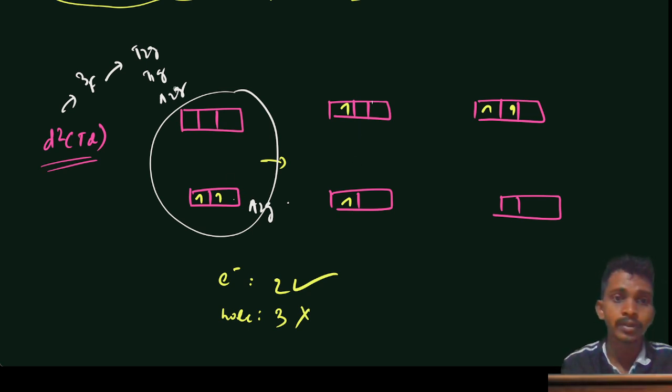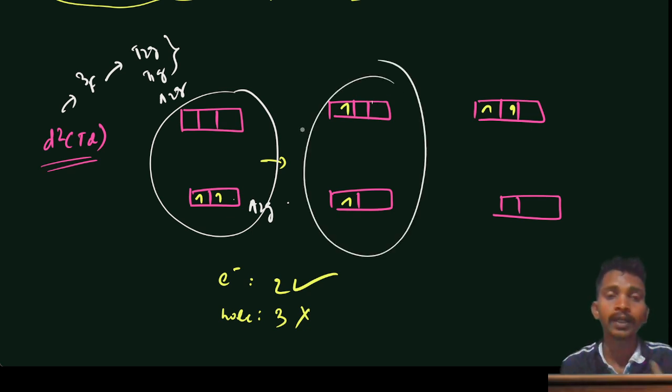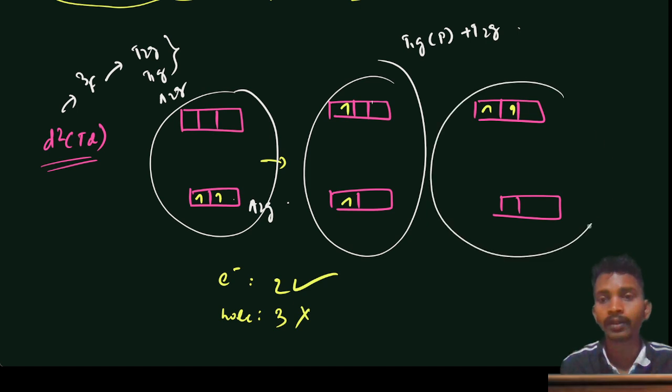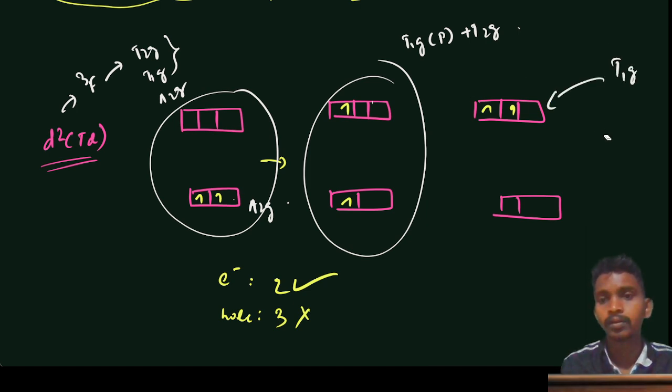I already assigned A2G, so these 2 are left. These 2 I will assign here. This is always the excited state, it can never be the ground state. So this will be the T1G P plus T2G, and this will be the T1G, that is F. This is for the excited state, and this is for the other.